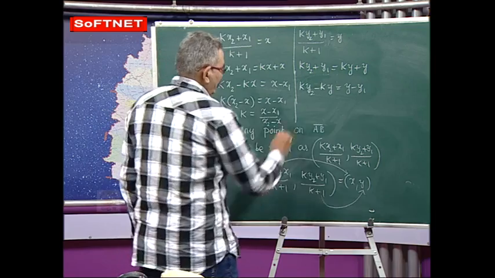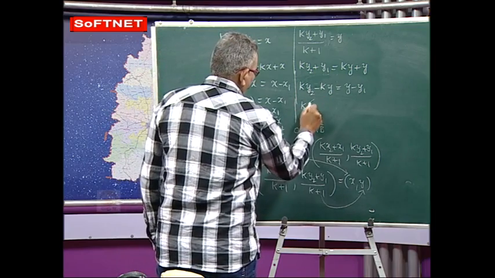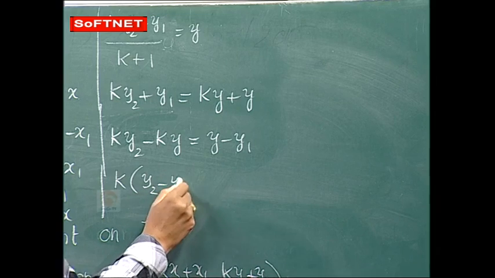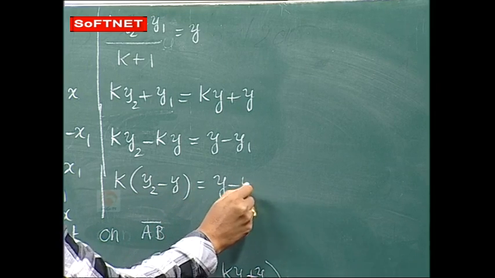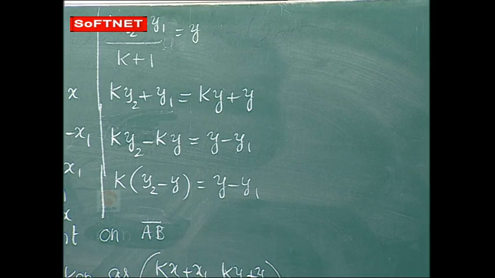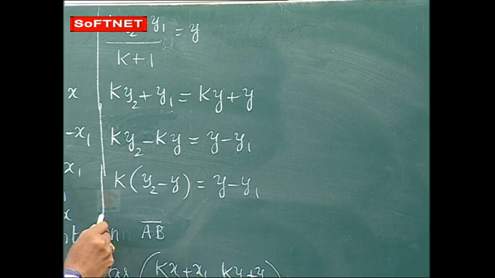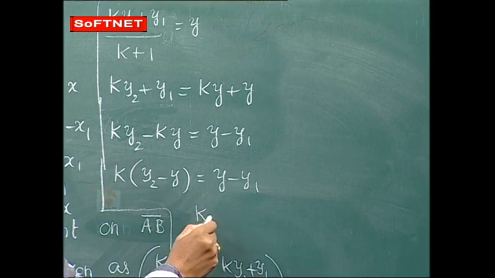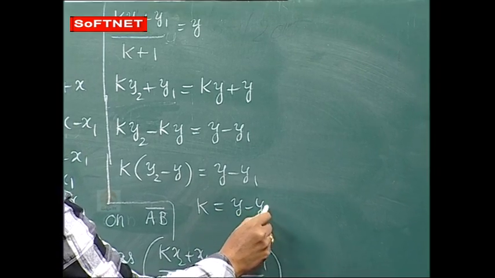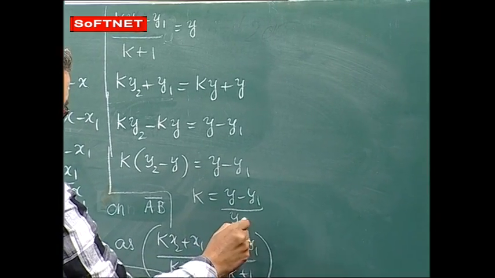Now, k common, k(y2 - y) is equal to y minus y1. So, now what is k? k is (y - y1)/(y2 - y).